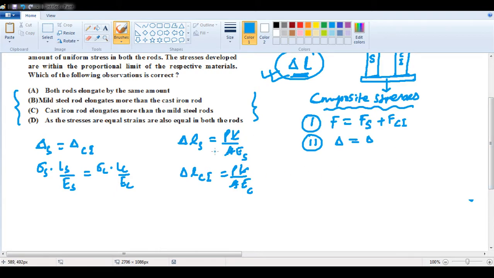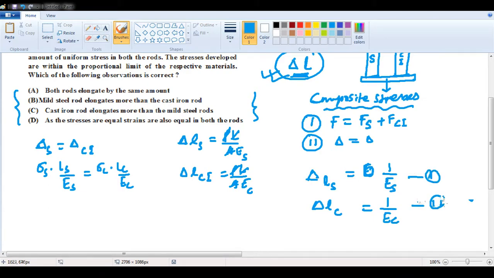Now here the load is also the same, so even the load can be divided, right? So now we are left with delta S equal to 1 by ES, delta C equal to 1 by EC. From this, 1 and 2, we can take delta S by delta C equal to 1 by ES over 1 by EC.